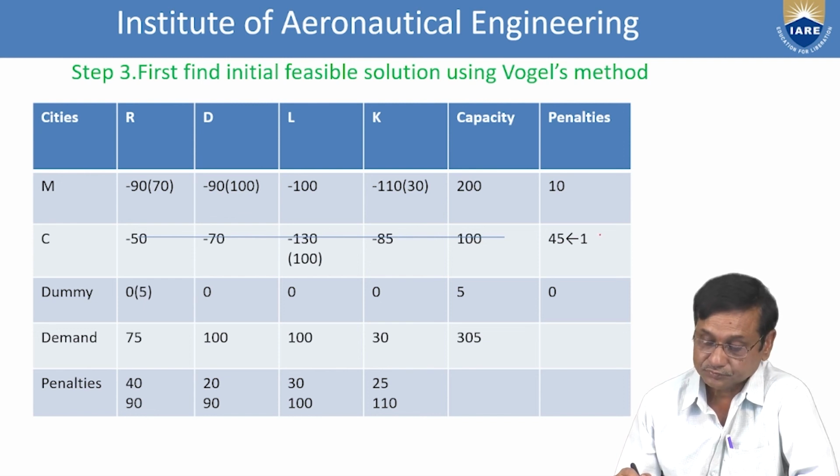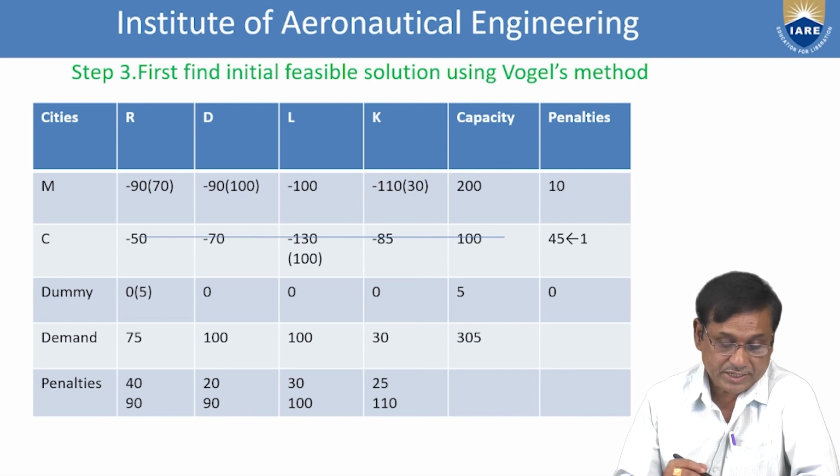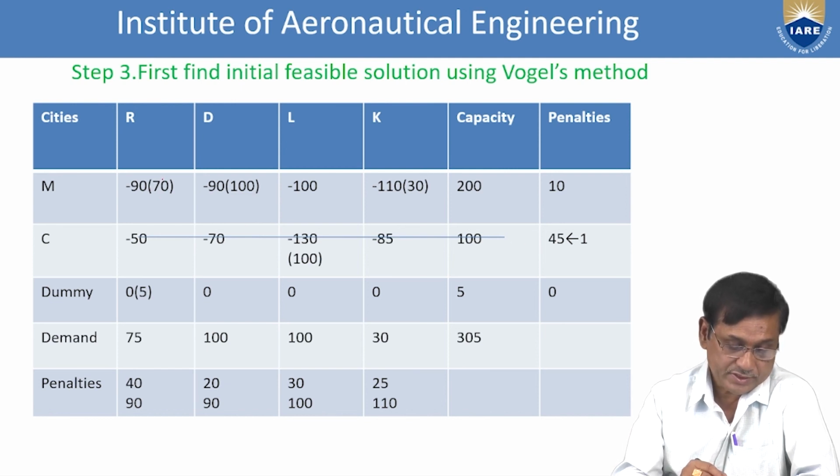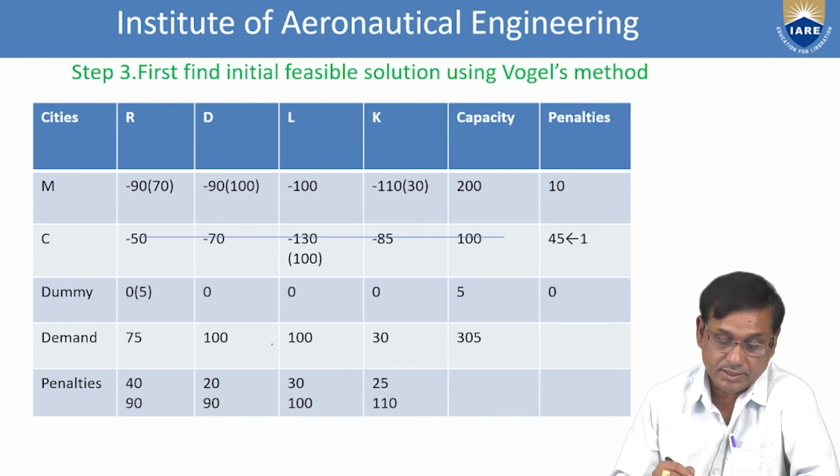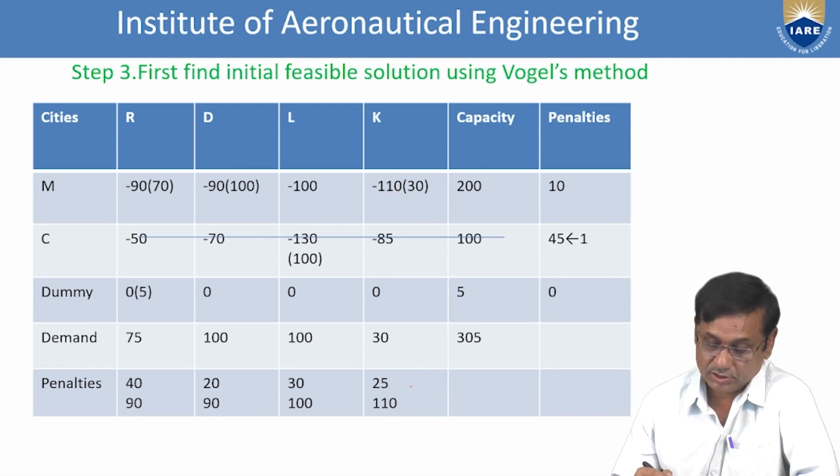So allot the maximum number of units corresponding to this row. The lowest element is minus 130. So allot 100 units because the demand is 100 and the capacity is also 100. So allot 100 units and cross out that row. Next, you can find out the penalties this side. After cancelling the first row, the penalty is 0 minus 90 is 90, 0 minus 90 is 90, 0 minus 100 is 100, 0 minus minus 110 is 110.